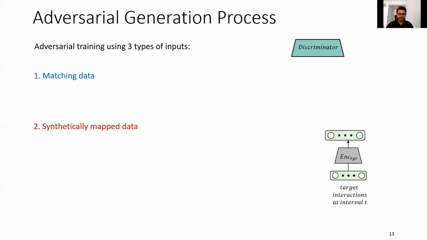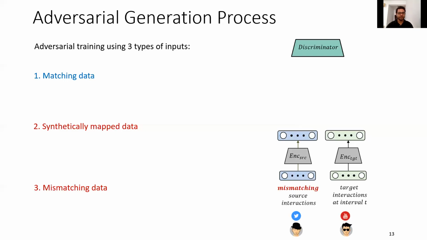But training a discriminator only using these two types of data is not ideal because, as mentioned, the discriminator has to decide two things: whether the inputs are real and whether they are matching. But from these two inputs, it only checks for the authenticity of the data, not the matching part. So to support that, we use mismatching real data.